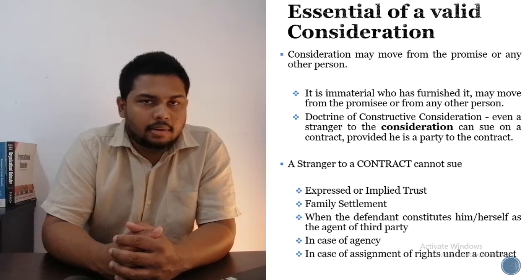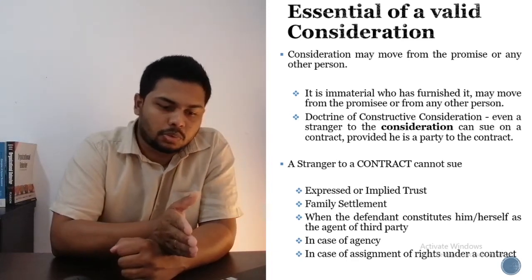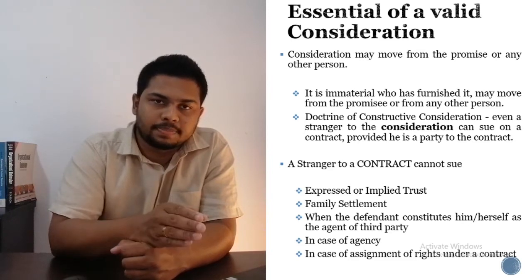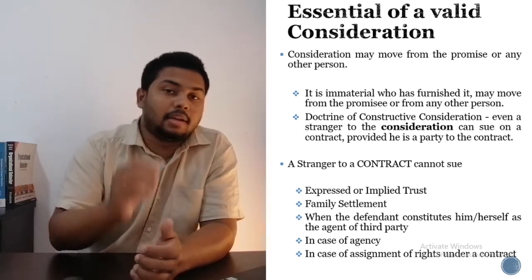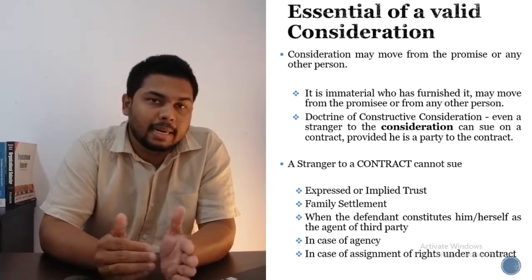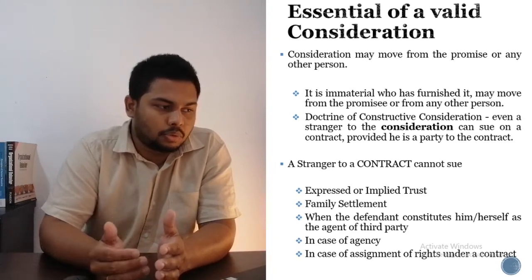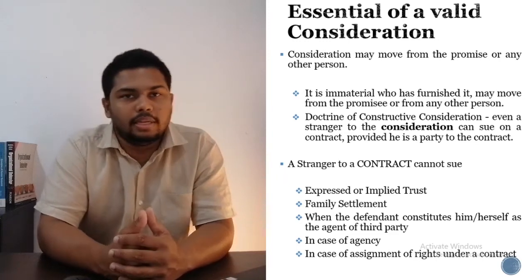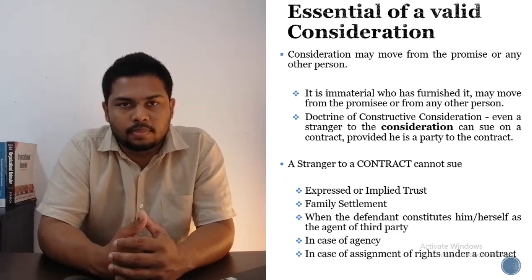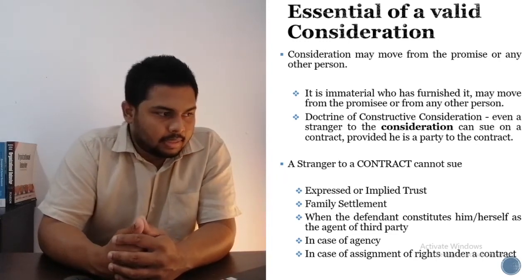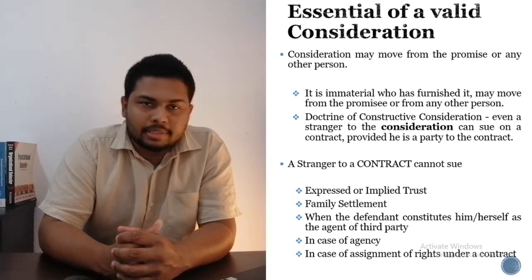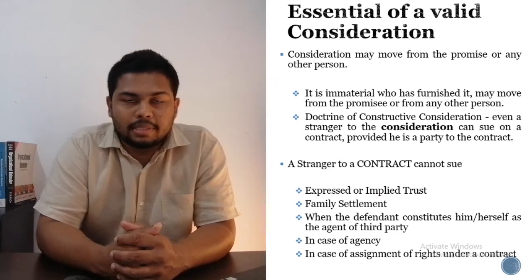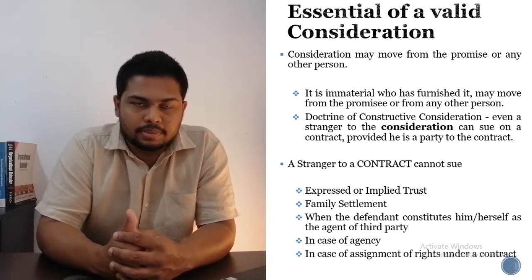Can you understand? In the previous case, we said strangers cannot sue over contracts. But if a person can prove that he is a related party, or a party to the contract, then of course even a stranger can sue. There are a few exceptions when it comes to the doctrine of constructive consideration.